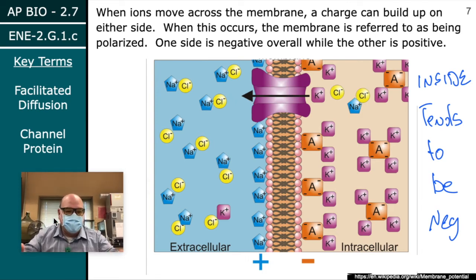Now, it can temporarily change, and it does, and that's how your nerves work, okay? We're going to get into that, but not in much detail right now. So, this takes a lot of energy to pump these ions onto the proper side.